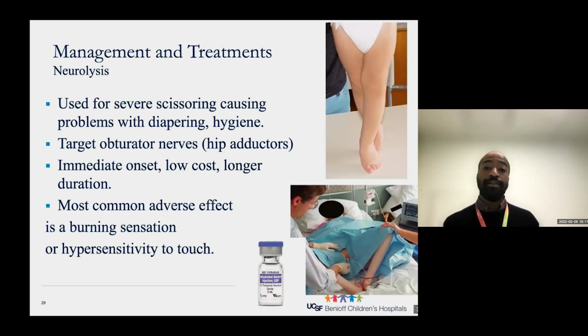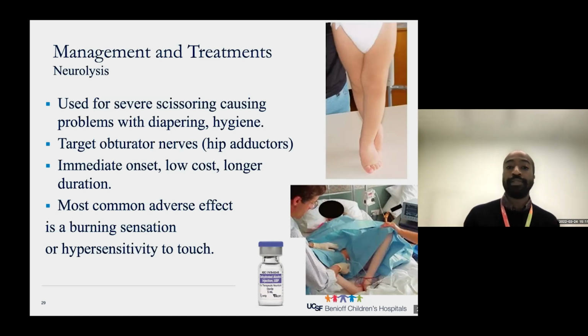The downside of this medication is that because instilling the alcohol causes pain, a burning sensation in the nerves, kids have to be under sedation of some sort before getting this treatment.